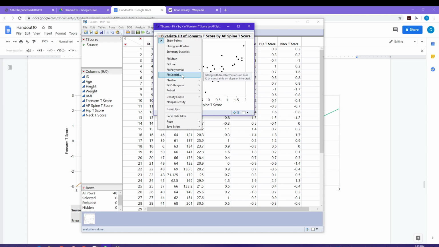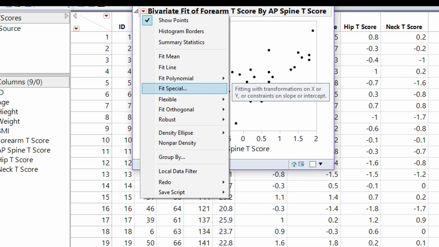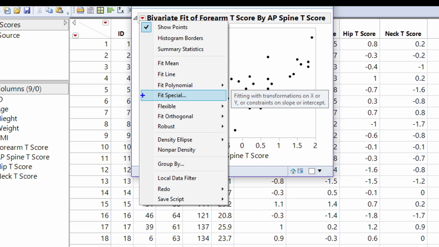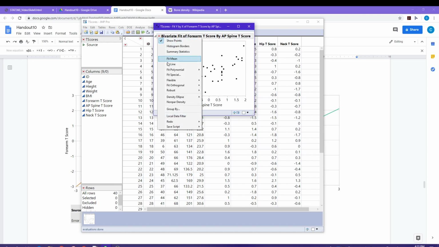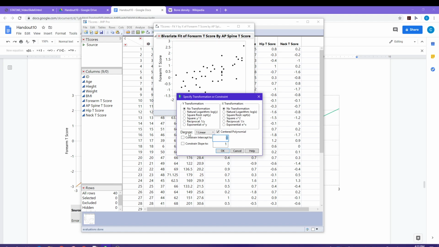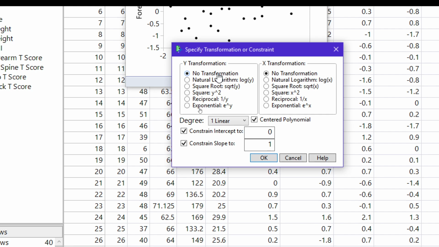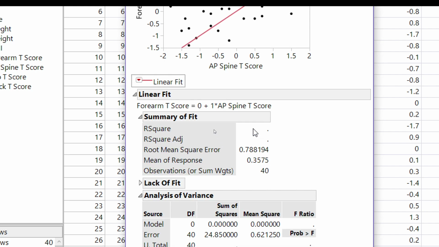Here I want to constrain the intercept to be 0 and the slope to be 1, and say OK.